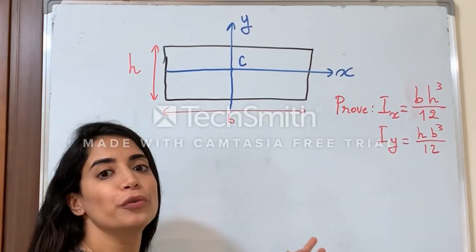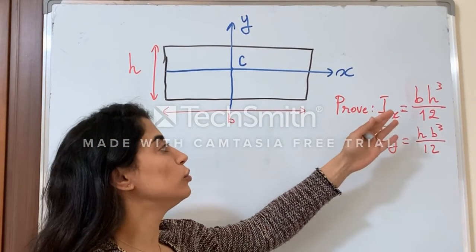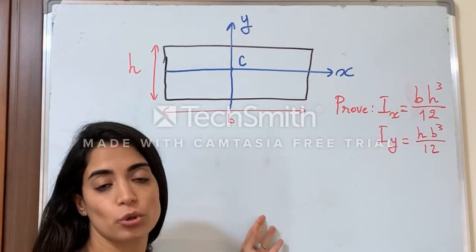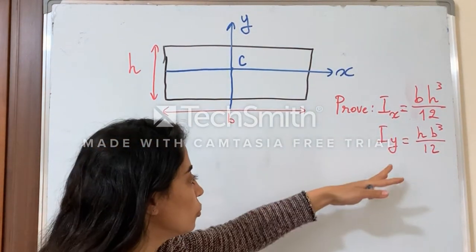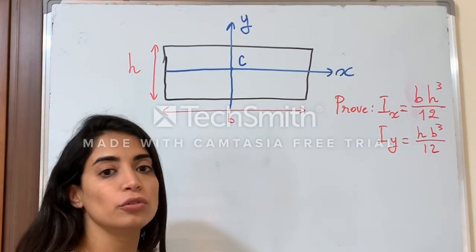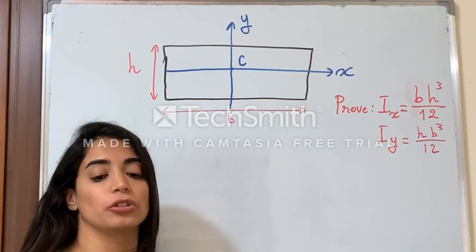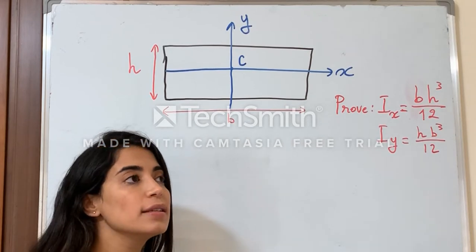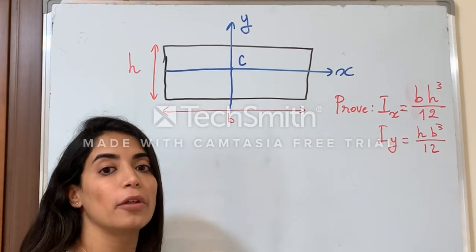Guys, I want to prove that Ix is equal to bh cubed over 12 for this rectangle, and then of course you can do the second one by yourself because it is the same, only you should switch b and h. So I'm going to start from the definition.